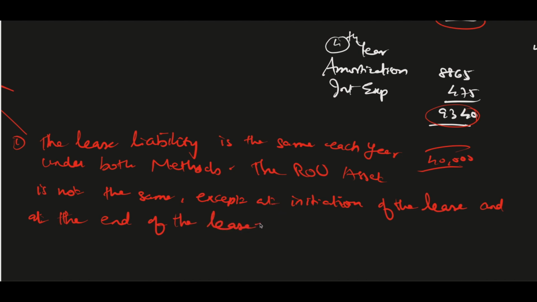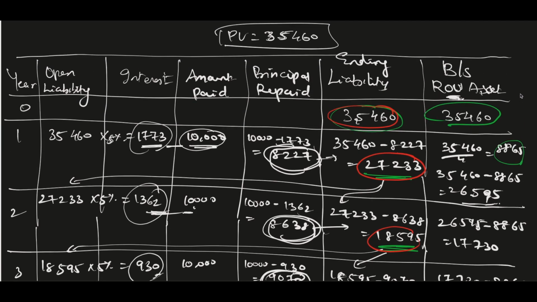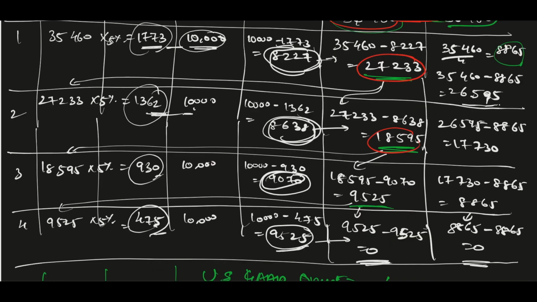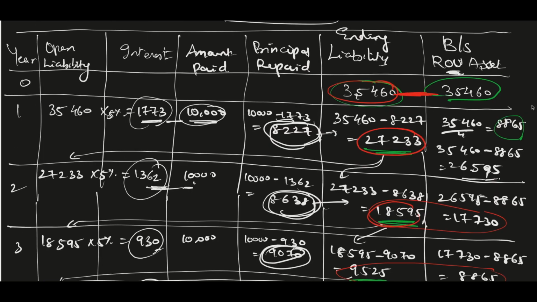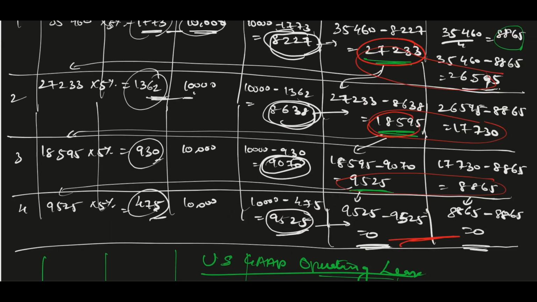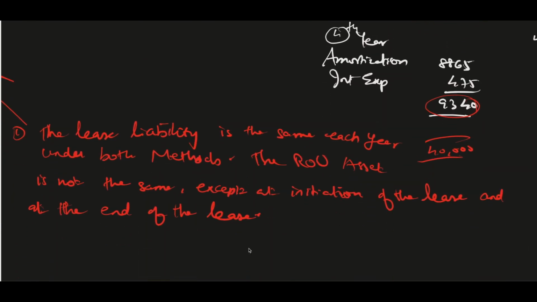So here, I'm using red color to differentiate things. Initially it is the same, and at the end it is the same, but in between it is not the same. So that's what it says.